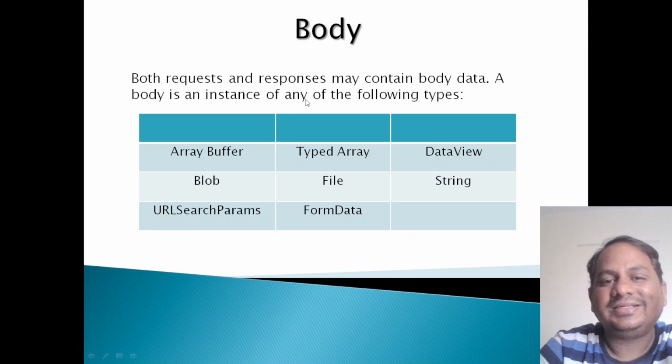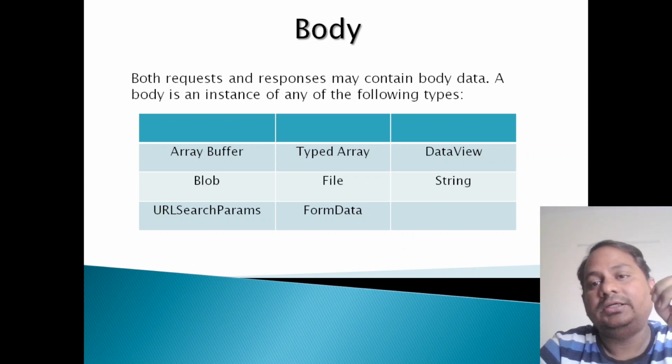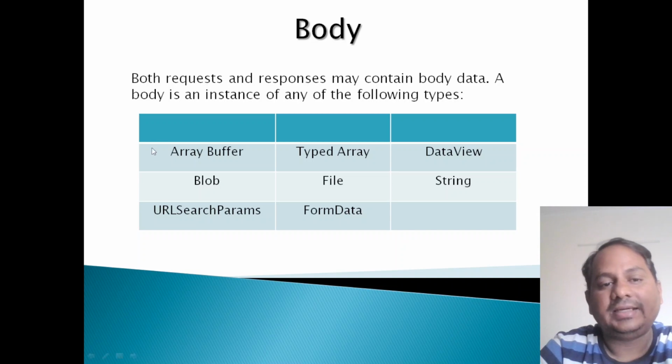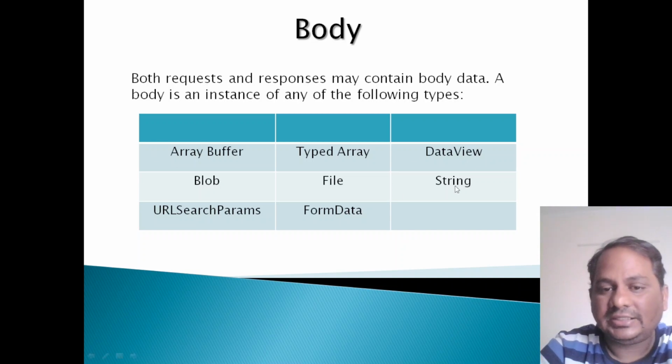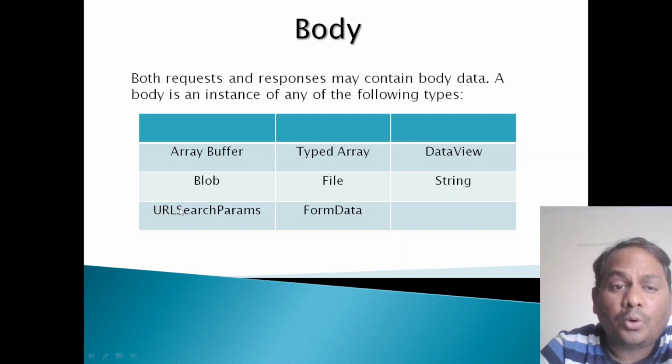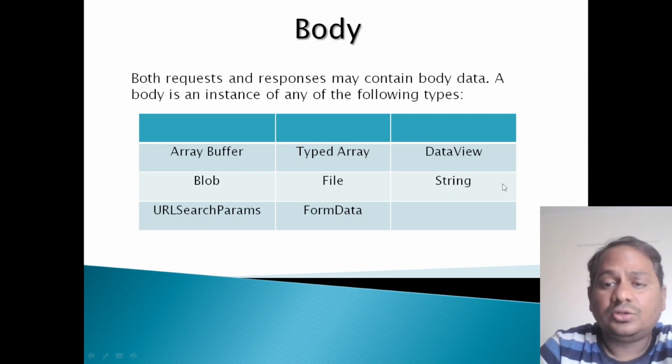It means that from the response body we can get these many types, meaning the response supports these many types of data. The example we have seen now is a string kind of data, because JSON is a string. We have also seen form data, but we can also get file type, array, data view, array buffer, parameter, and blob.